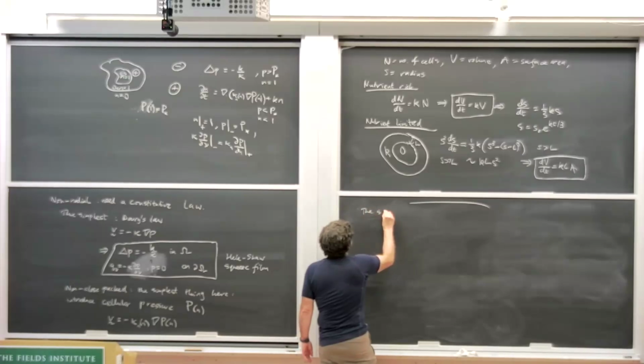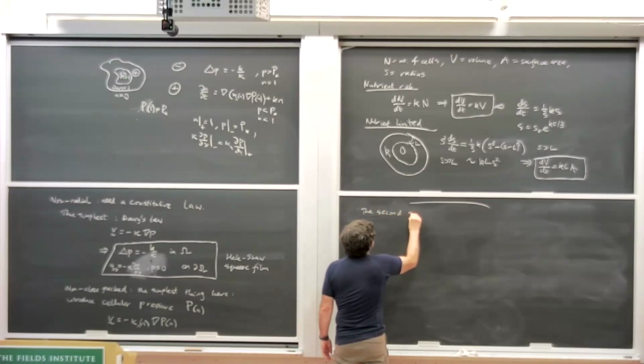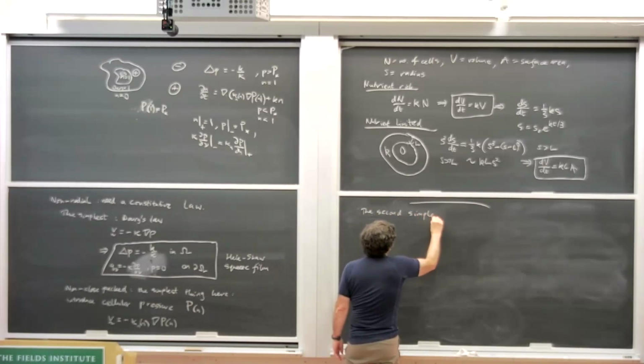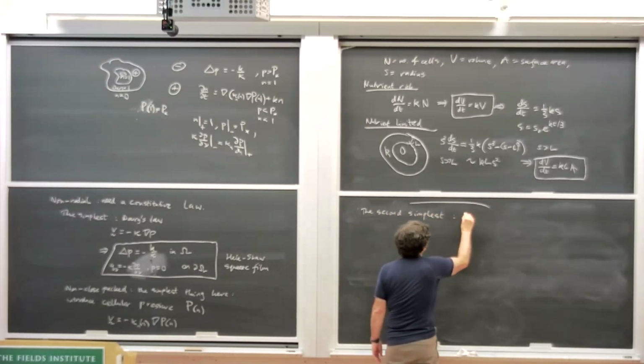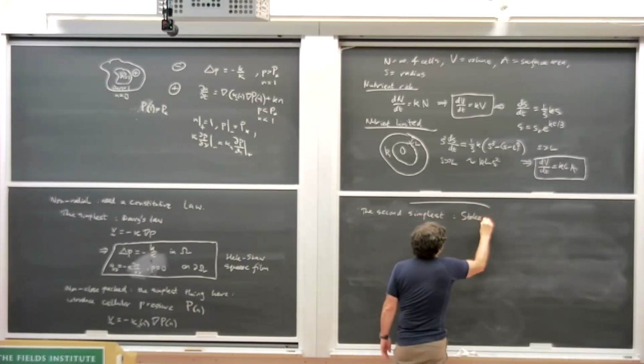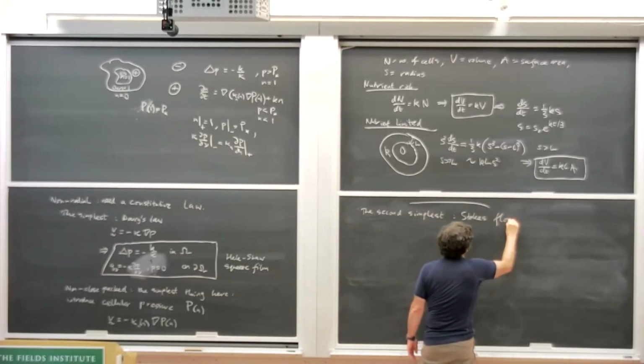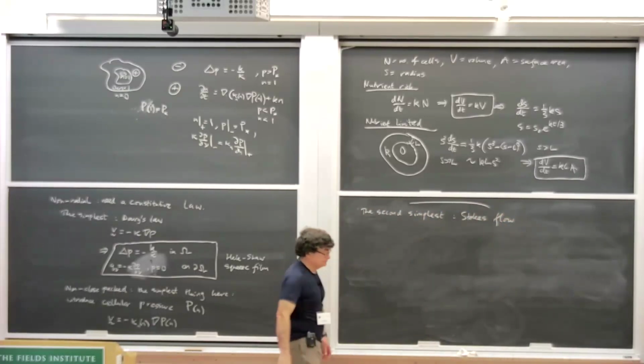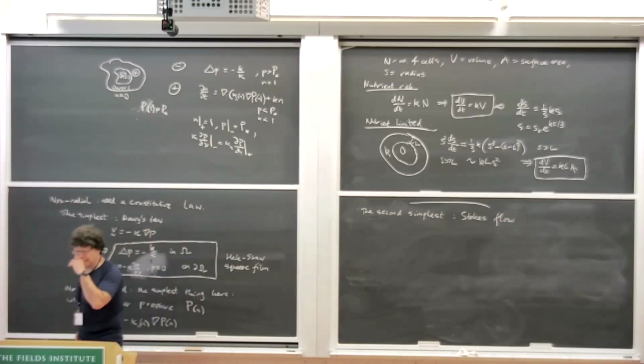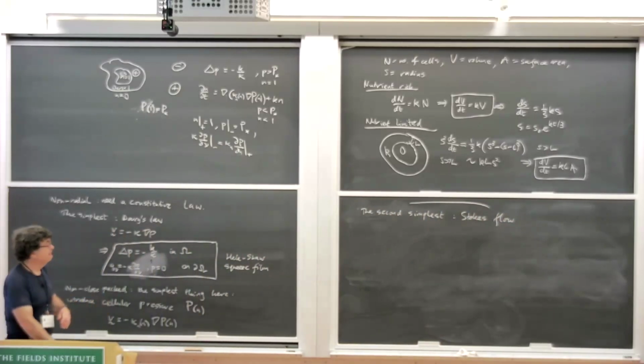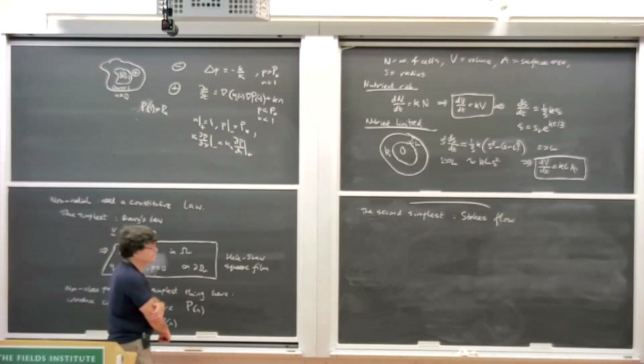So the second simplest is to treat the growing tissue as a standard viscous material, so Stokes flow. Okay, so the inertia is certainly negligible. So there are no inertia terms. There is now a lot of work on elastic and viscoelastic modeling of tissue.